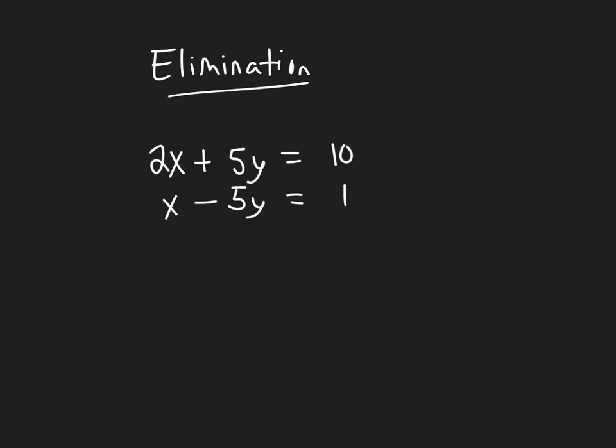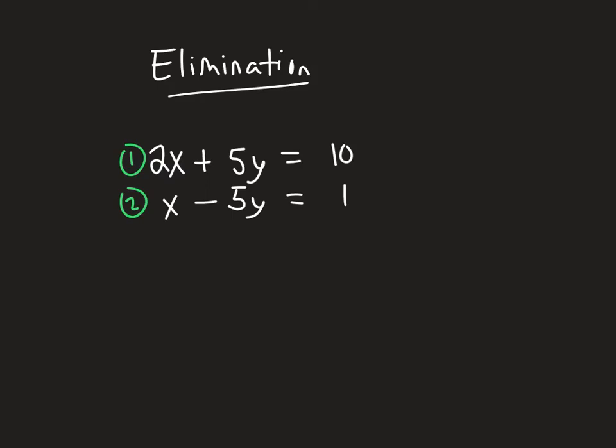I just made it up. So a system, right? Equation 1, equation 2. If you were using substitution, the easiest bet would probably be to start with equation 2 and solve it for x. I know that's going to be the quickest because there's no coefficient in front of that x. There's nothing we would have to divide by. We could just simply add 5y.